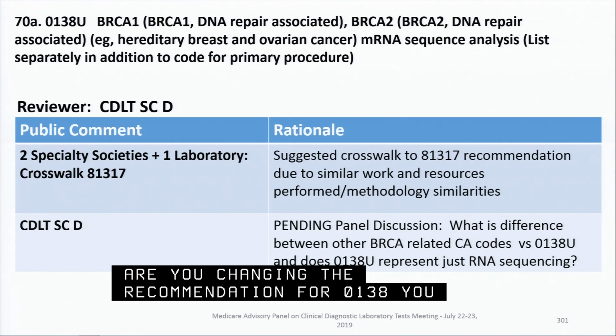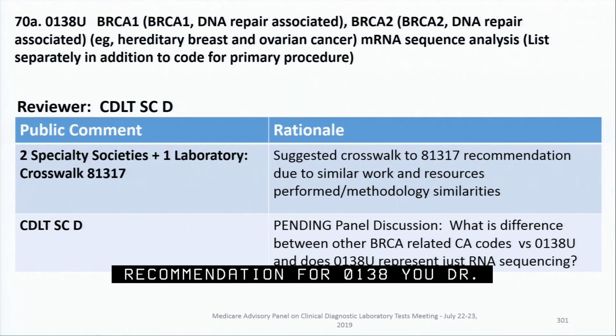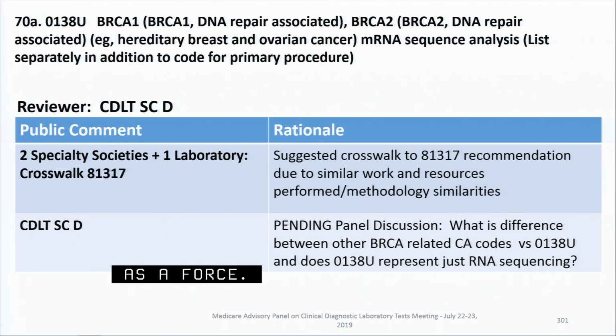Oh, Dr. Schoonmaker, your placard is still up. Sorry. Okay, just checking. Dr. Lyon? So just a second, is 81163 recommended now as an option for us? And if not, why? You're talking about code 0138U?